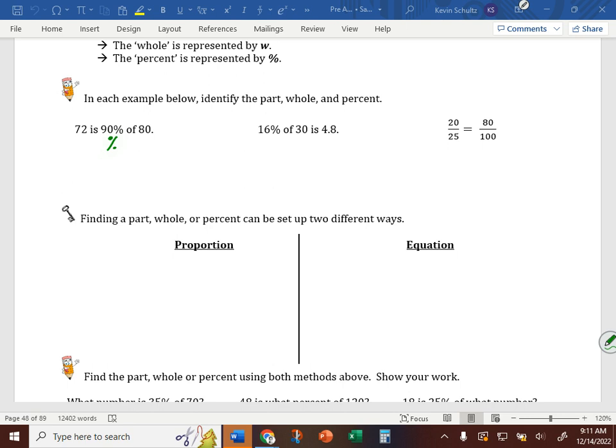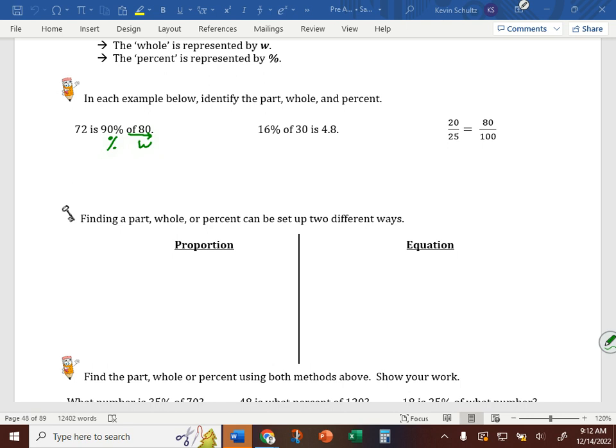Usually, what follows the word of, in this case that 80, is going to be your whole. So when you're looking to identify the part and the whole, look for the word of, and what comes after that is usually going to be the whole. Obviously, there are exceptions to pretty much everything, but they're rare. That is a very good way to find the whole.